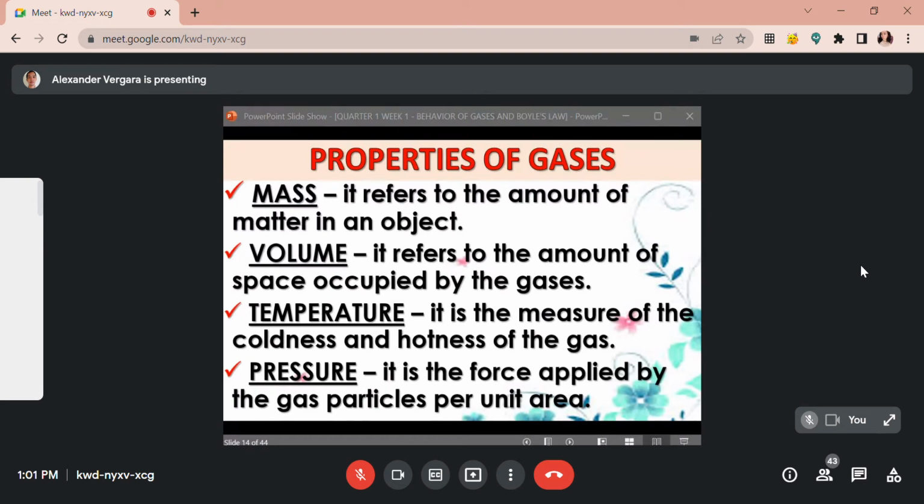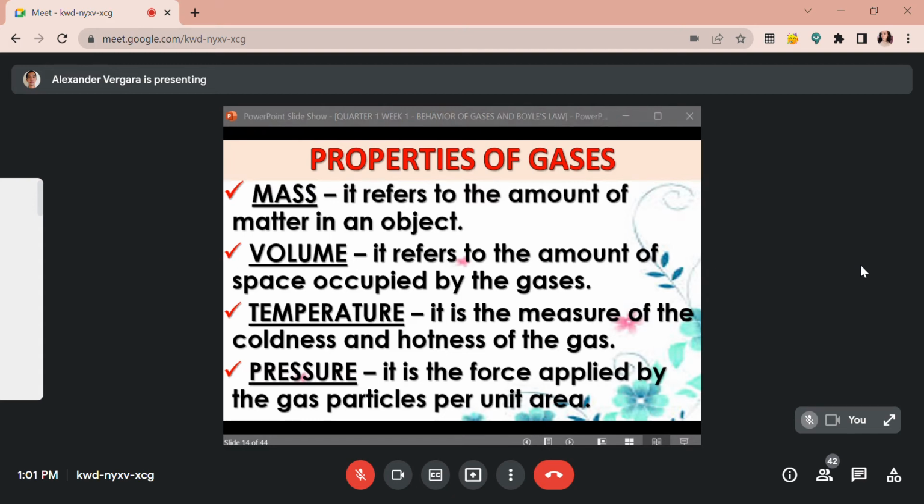What about volume? What's the unit for volume? V po. Okay, that's the symbol, letter V, but I'm talking about the unit. Liters po. Okay, liters. Very good. Then what about temperature?